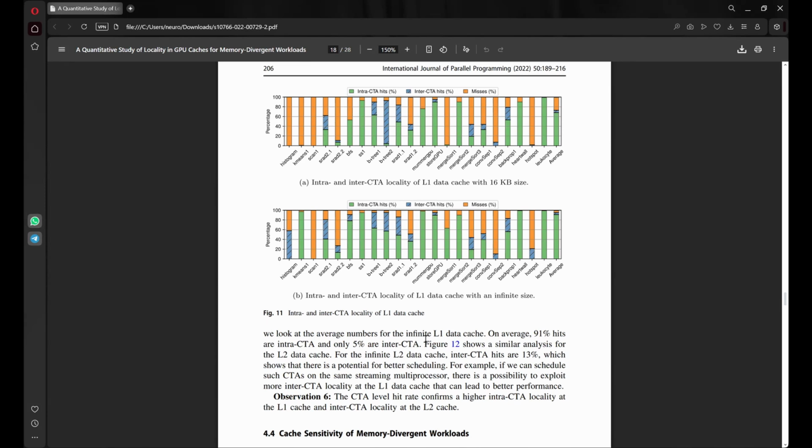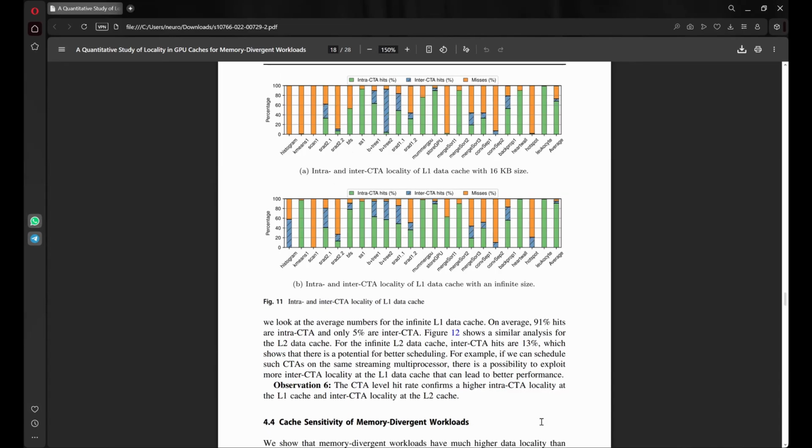This reaffirms one of the previous discoveries, which is that spatial locality predictors should be optimized to look at inter- and intra-warp spatial utilization within the same CTA.